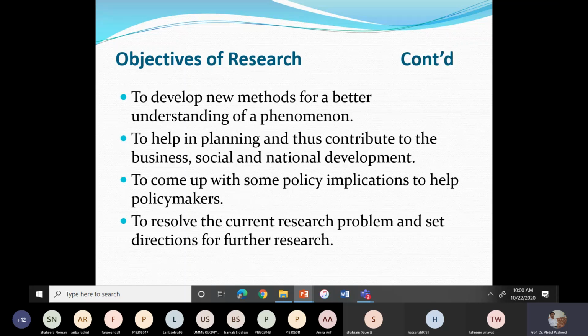So we develop new methods for a better understanding of phenomena. So in research, the researchers use different methods, but we may develop a new method to understand the same relationship or same theory. Just like I said, consumption is a function of disposable income.